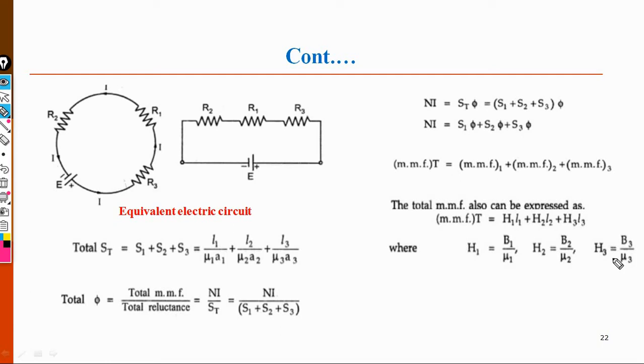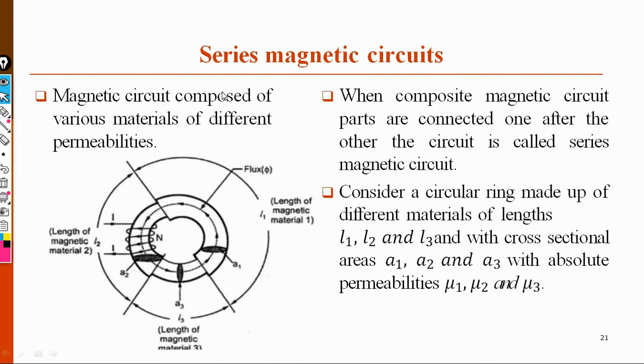Now this is just an overview of the series magnetic circuit, which depends on the circular ring, the lengths L1, L2 and L3, the cross sectional areas A1, A2, A3 and the absolute permeabilities mu1, mu2 and mu3.